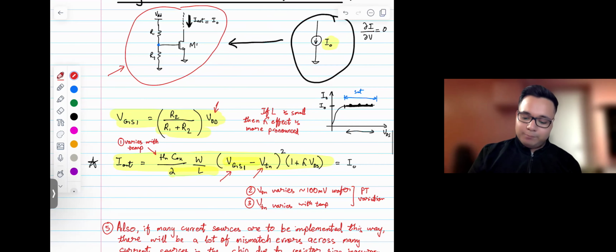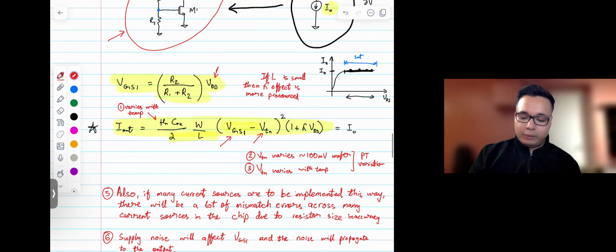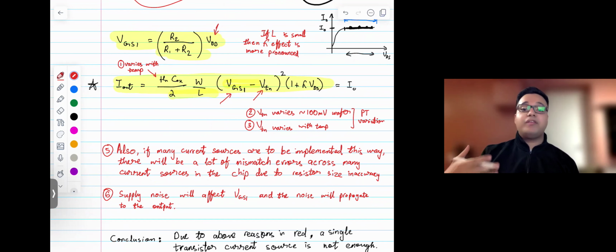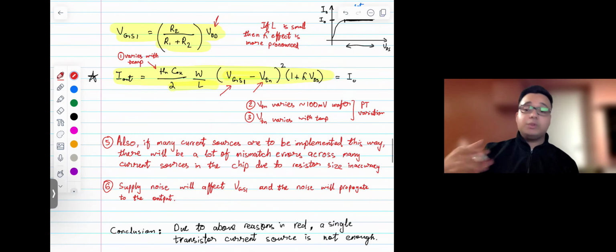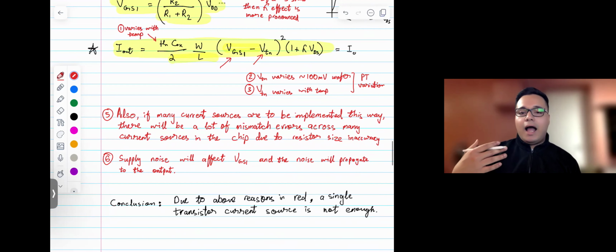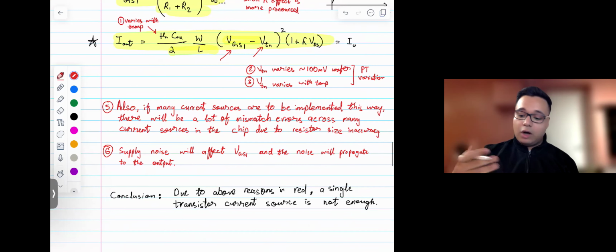Which is why the point of this exercise, dissecting the circuit and seeing all the things that could be potentially wrong with it, is that once we start discussing current mirrors, we'll try to solve some of these problems, right?